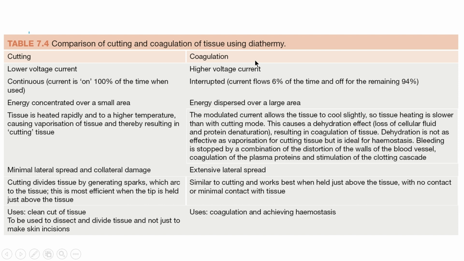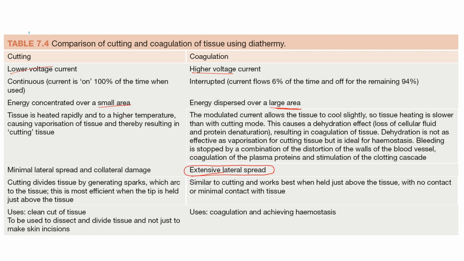Please remember, cut is usually a low voltage current, whereas coagulation is a very high voltage current. Also, when you operate with cut mode, the energy is concentrated on a smaller area, whereas in coagulation mode there will be dissipation of the current over a large area. So there is minimal lateral spread and collateral damage in cutting, whereas there will be excessive lateral spread in coagulation mode.